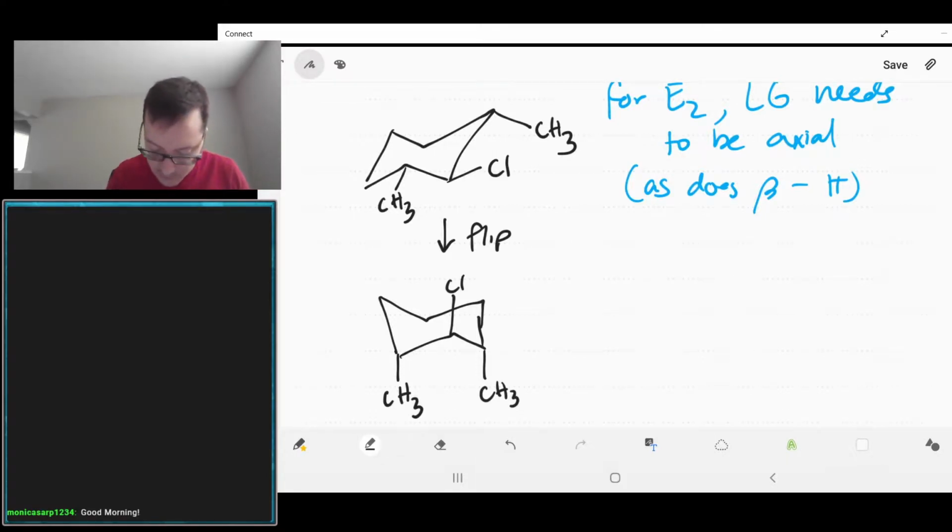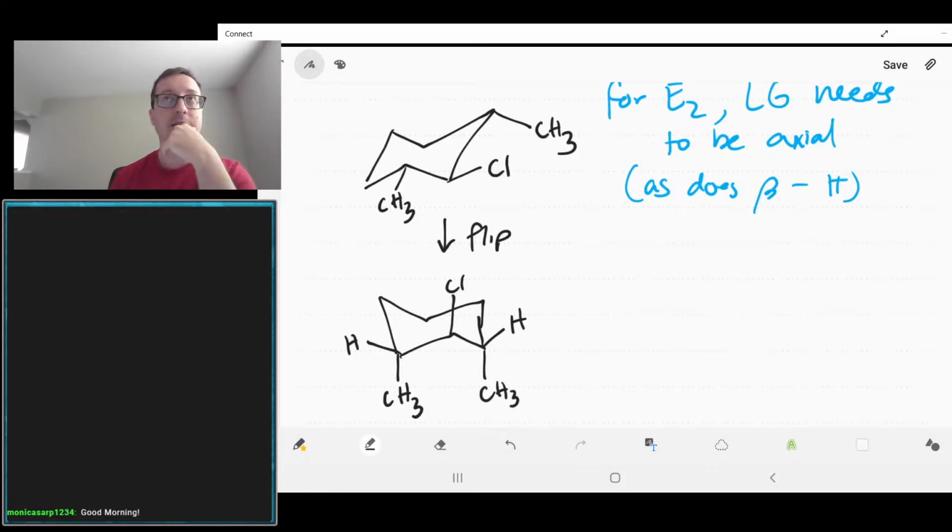Notice here our hydrogens are equatorial to this chlorine. They're not anti-periplanar, they're on the same side. So that's why we don't get any reaction.